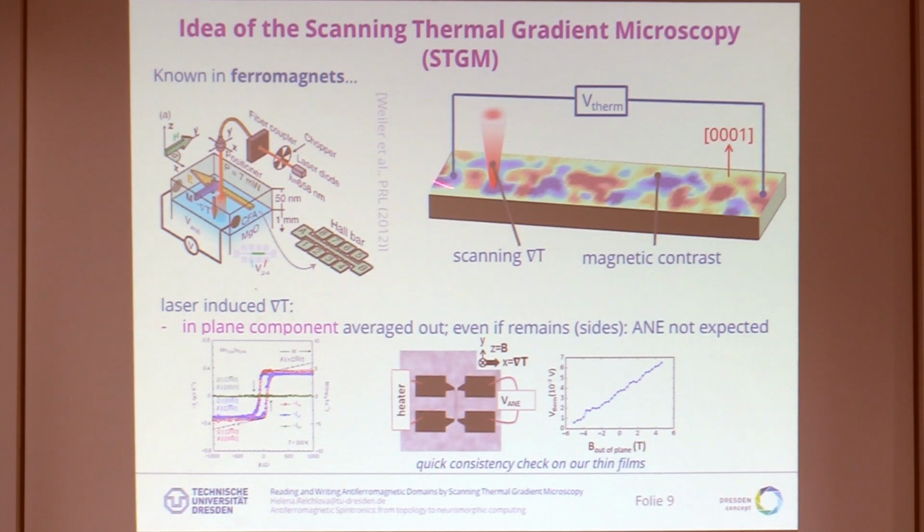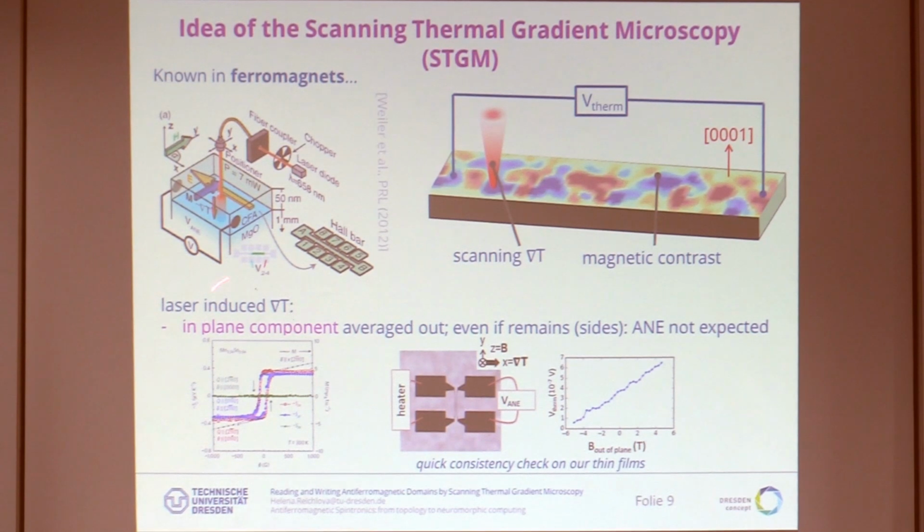However, there are also edges of the sample, as Jörg mentioned, and there are also these domain walls where the in-plane component of the thermal gradient could play some role. But this is the lucky situation in Mn3Sn, that the in-plane gradient and the detection also in plane of the sample is not expected to give any signal.